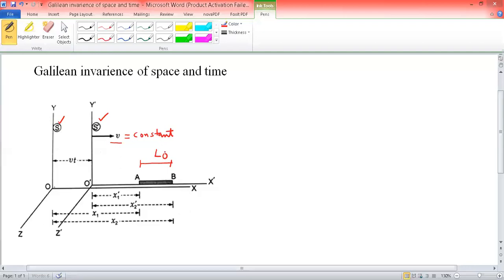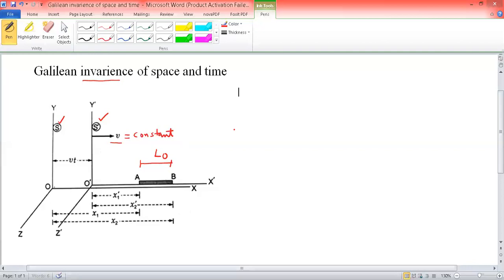Our motive is to calculate the length of the rod with respect to frame S and with respect to frame S prime, and we would like to show you that the length remains invariant. That is, the length does not change with respect to two different frames of reference.